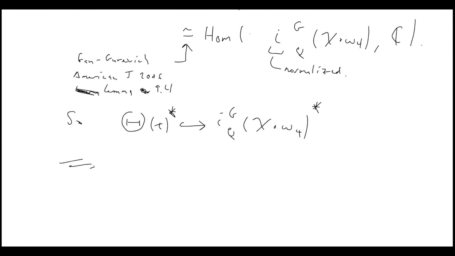And now from this, one can conclude that the degenerate principal series surjects onto big theta. All right. Okay. That will be all for this week.